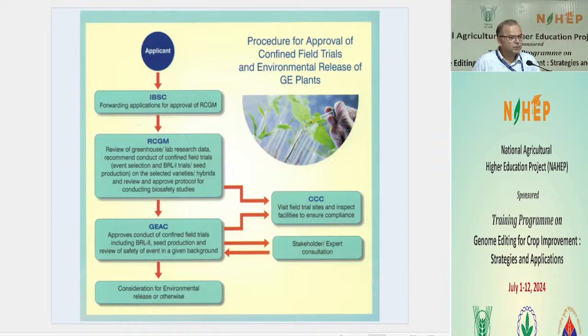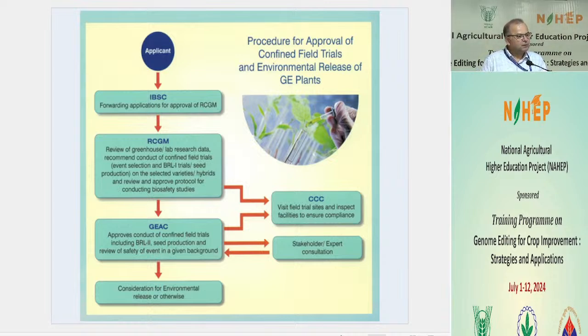Stakeholder means whomsoever is positively or negatively affected by this product. For example, farmers will be stakeholders because they are going to benefit. Any environmentalist could also be a stakeholder because they may raise concern that it has some negative effect or so on, if at all it is there.